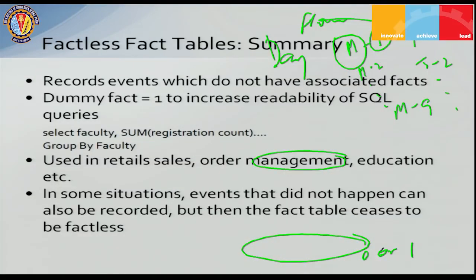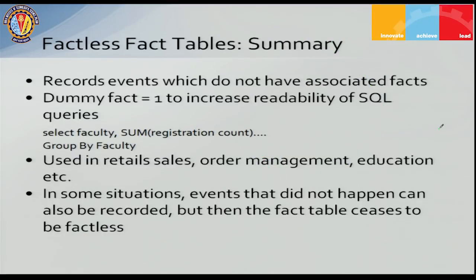So what we have done so far is we have tried to look at three scenarios where we use factless fact tables. They record events which do not have associated facts, and dummy fact equal to 1 is introduced to increase the readability of SQL.